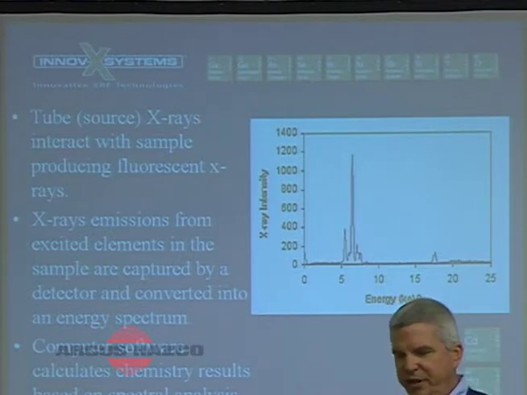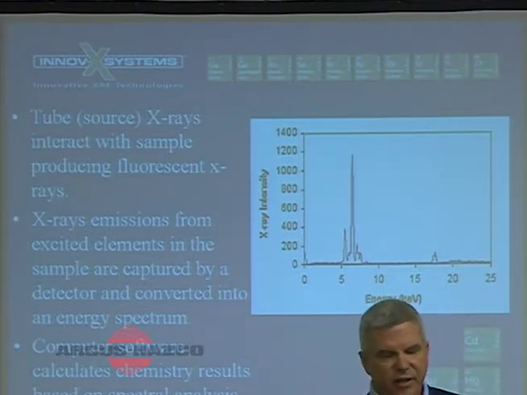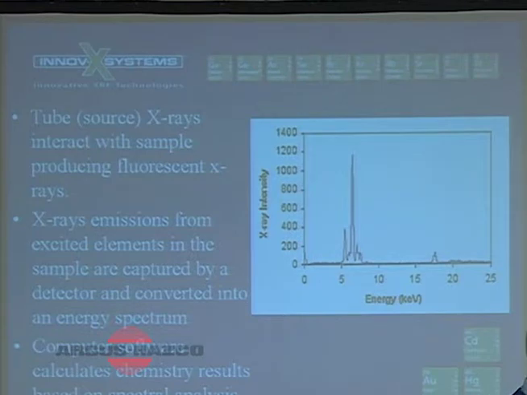And then you see these peaks growing based on the number of counts, the count rate in those energy lines. The instrument knows what element is what energy because we've told it. We define an energy region for each of the elements that are calibrated into the system.